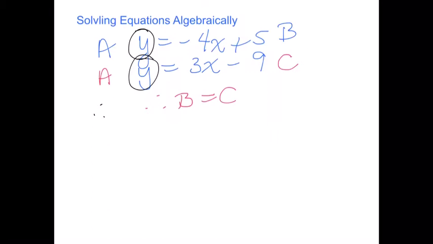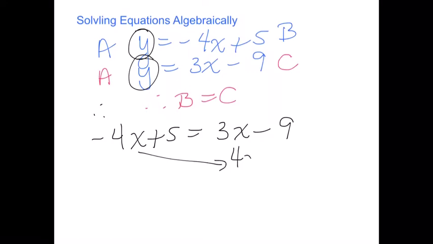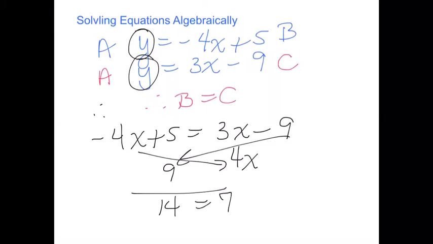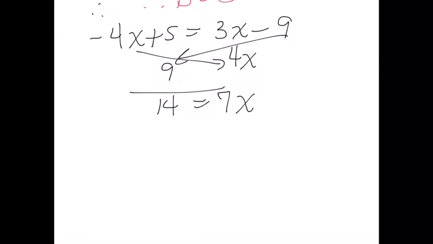So now I can say -4x + 5 = 3x - 9. And from there, I can bring that over, so that becomes positive, and this negative becomes positive, and I get 14 = 7x, or x = 2. Well, that sounds about right from the last one.